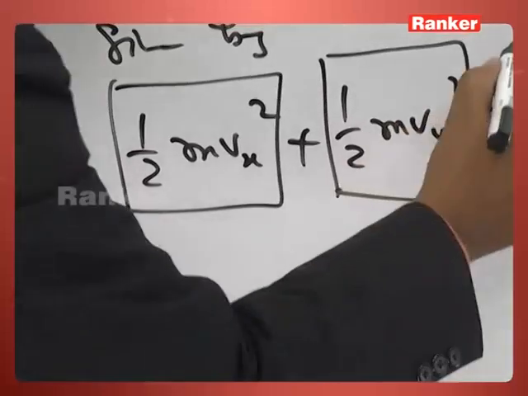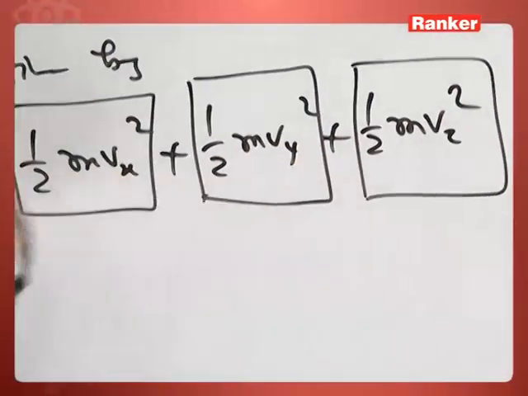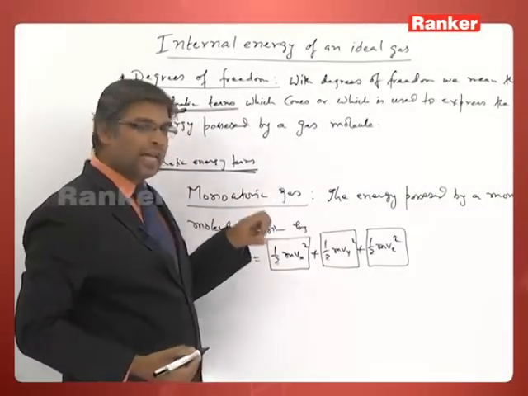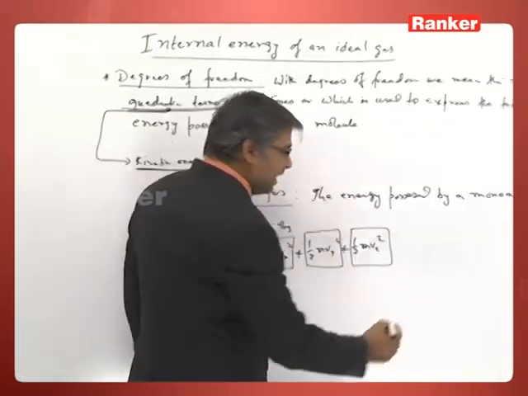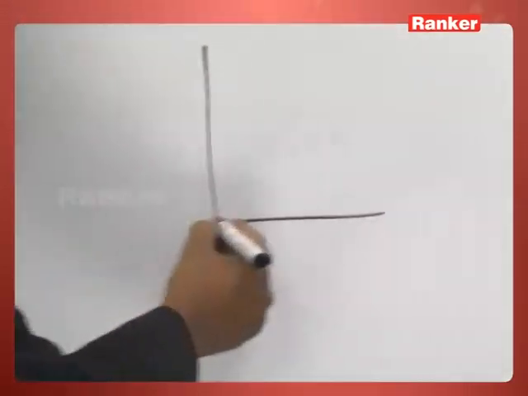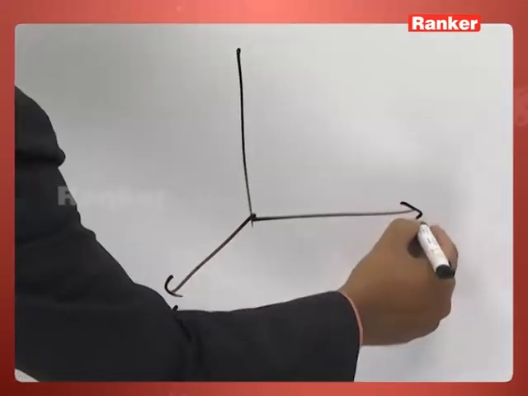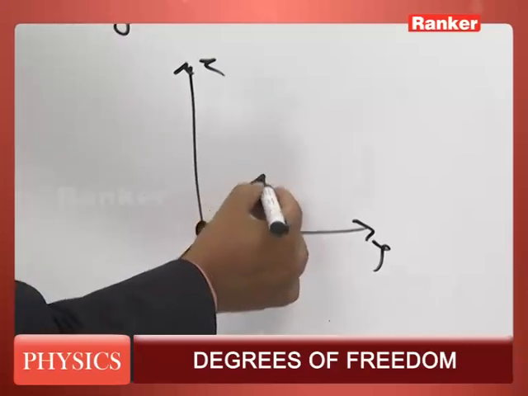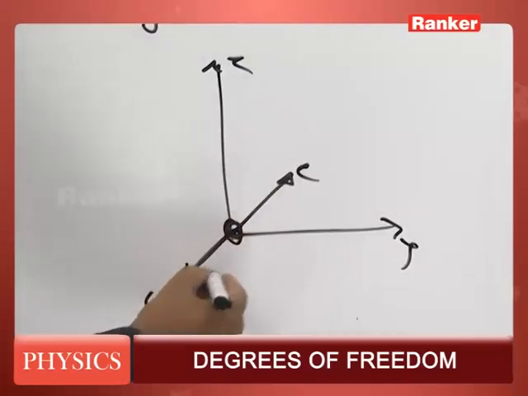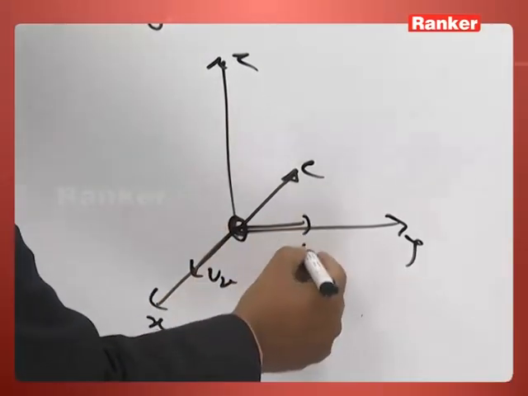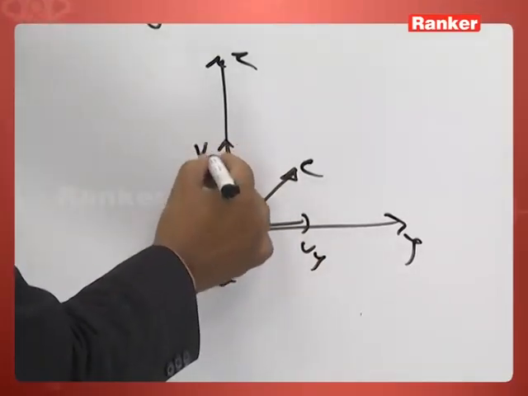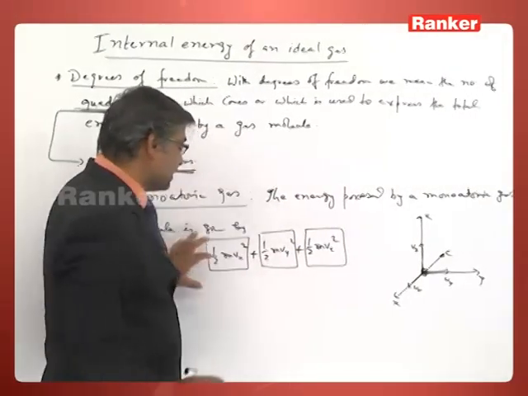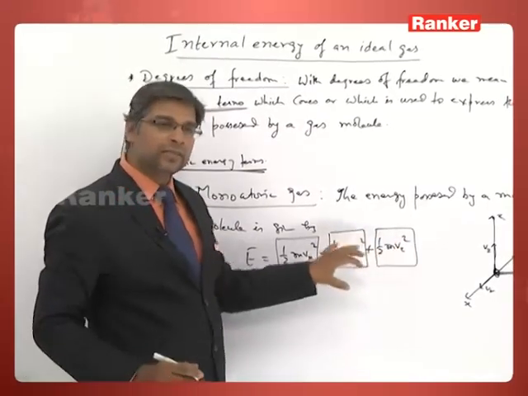These are quadratic terms which are used to express the total energy. So, you see here this is x axis, y axis and z axis, and if I have a molecule with velocity c, I can write this as Vx, one component, Vy, one component and Vz. So, the total energy expression contains these three terms.